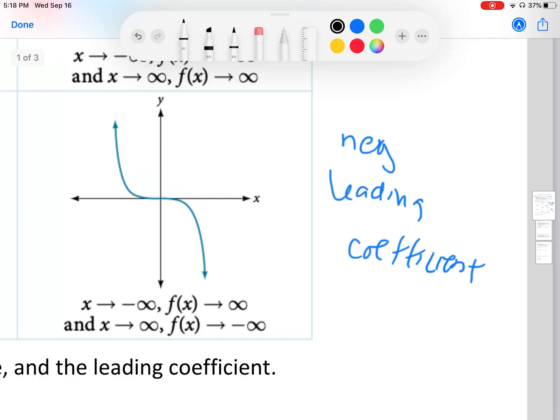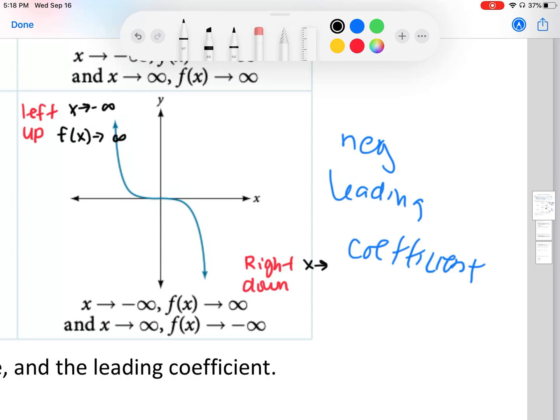Similarly, if we have a negative leading coefficient, our leftmost point opens up and our rightmost point points down. So we can say something like, as x is approaching negative infinity, our function is approaching infinity.